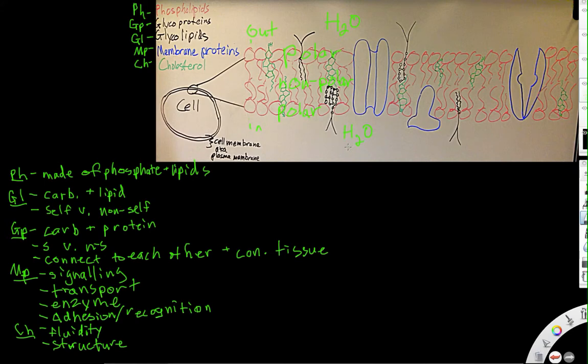So, for example, the phospholipid heads have polar and charged groups, and the cholesterol has a polar OH group. The glycolipids have polar carbohydrate groups. The proteins will have polar groups out here, maybe charged groups.